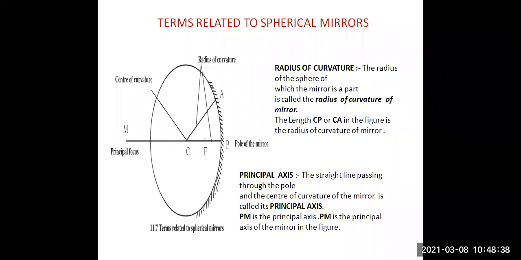So you can notice that PM is the principal axis of the mirror. I'm giving you a few seconds for each slide so that you can identify where the straight line lies.